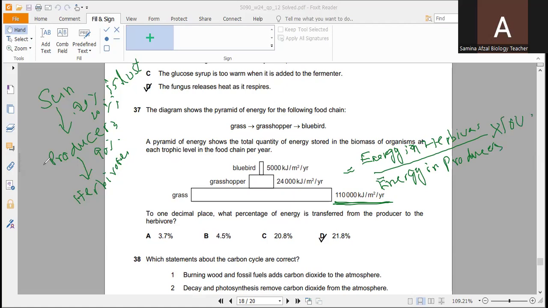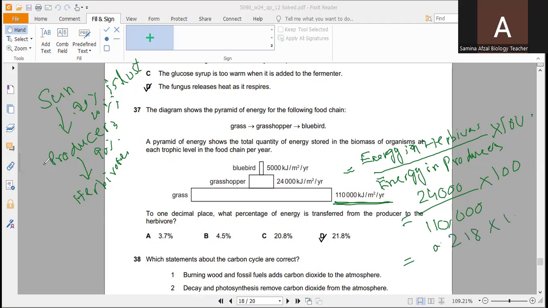According to this, I am making use of the calculator for you. And you can see it is 24,000 into 100. When we divide it, it is equal to 0.218.